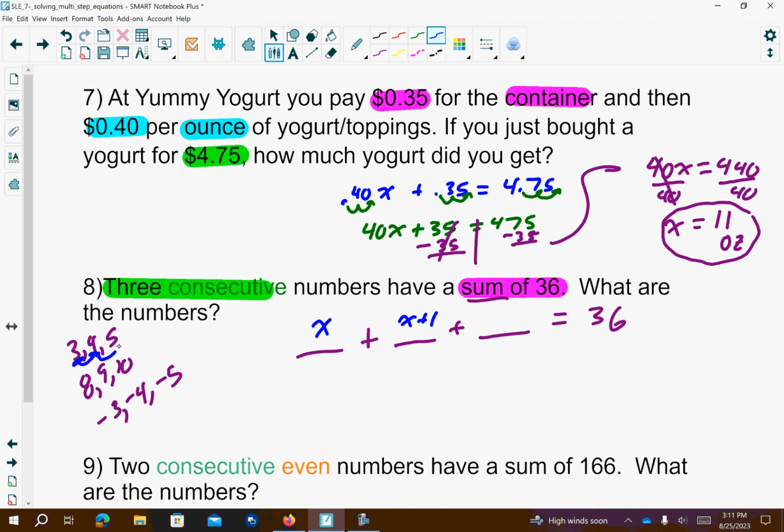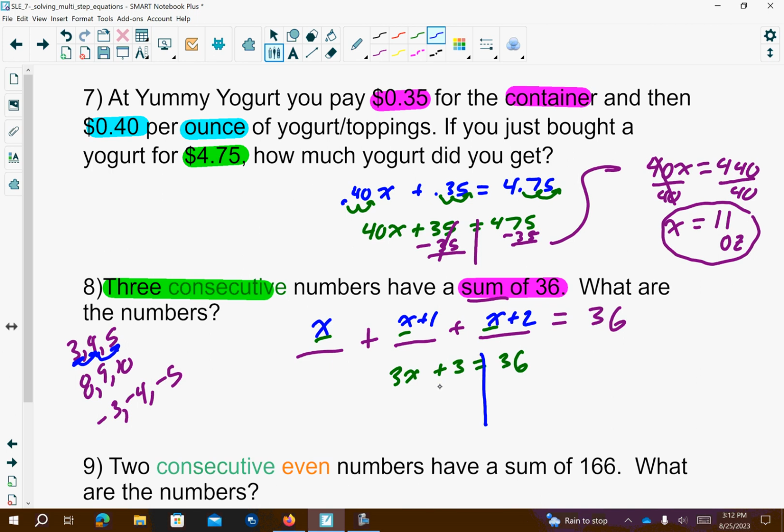What would I have to add to get to 5? I'd have to add 1 more. So now that's going to be x plus 2. So x, x plus 1, and x plus 2 are how we're going to find consecutive numbers. X plus x plus x is 3x. 1 plus 2 is 3, and they're equal to 36.